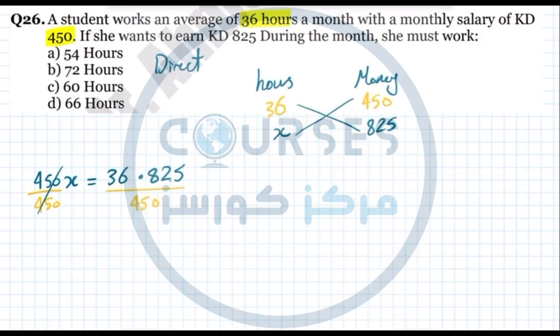These will cancel. We need to figure something out about this one. What can I do with this one? Multiplying and then dividing will be too much. One of the times tables that you need to know, it's really important on قدرات, is the 25 times table. Imagine this number, 825, as 8 دينار وربع.